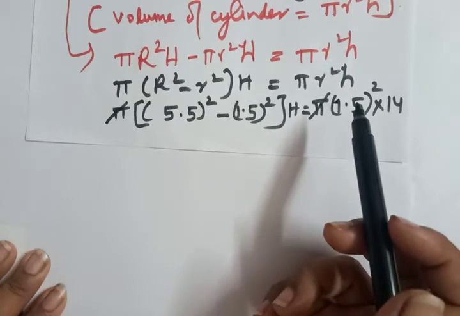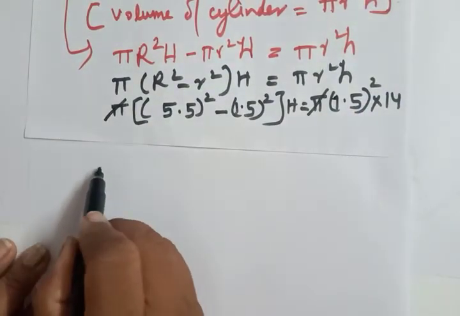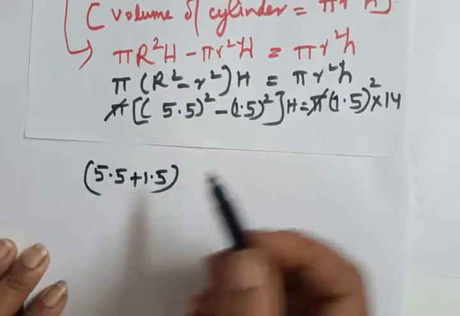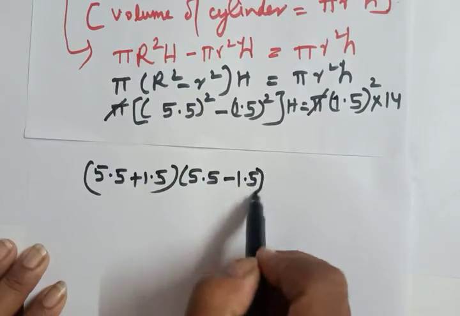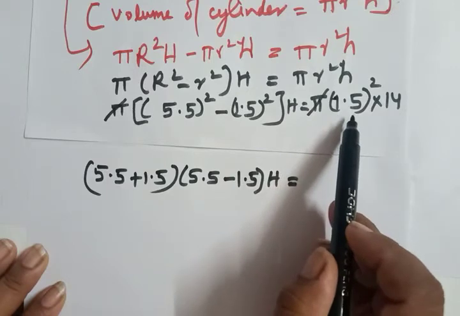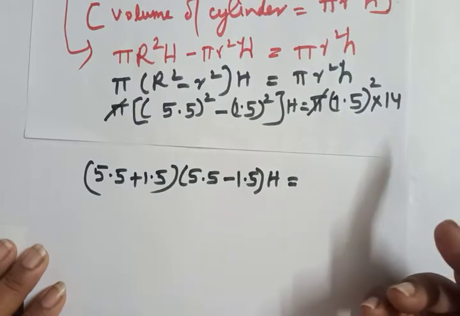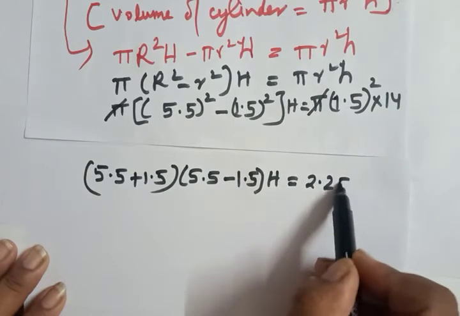You can directly also do it, but I find it very easy when I do it like this. 5.5 plus 1.5, 5.5 minus 1.5, capital H is equal to 1.5 square, the square of 15 is 225, and the decimal will come, 2.25.